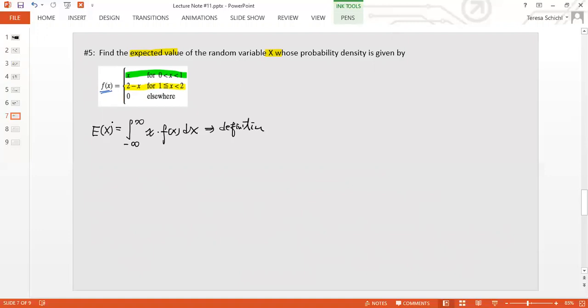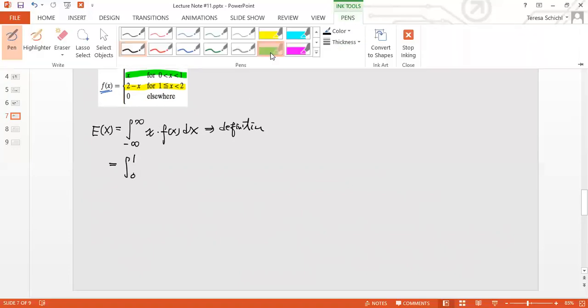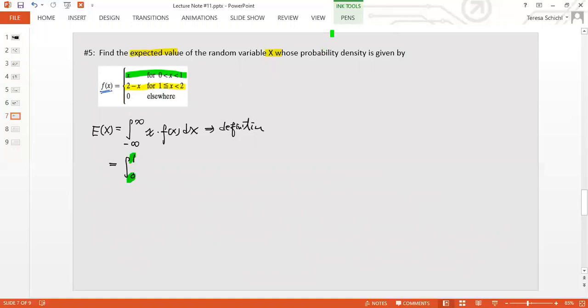Because we have 2 pieces, we just separate it into 2 integrals. For the first one, x is from 0 to 1, so make sure your upper limit and lower limit match the piece. Then you have x times f of x. What is f of x here? This is x. So don't get confused, this x here is, in fact, our f of x. Now you integrate with respect to dx.